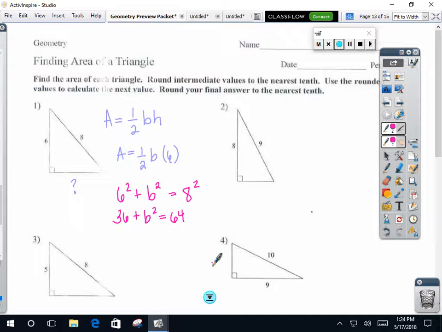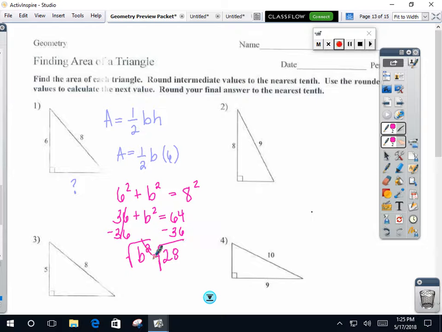And now to solve for B, what do we do? Subtract 36, correct. And so B squared equals 64 minus 36, which is 28. Now to solve for B, what do we do? Square root it.